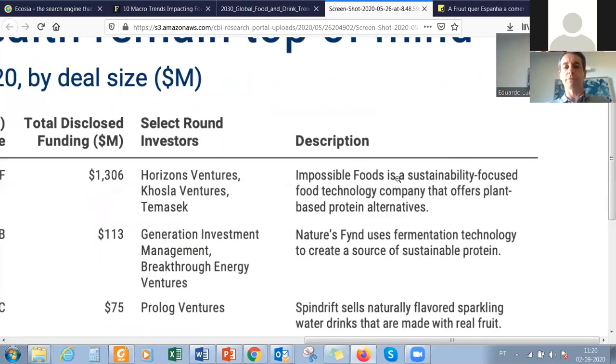Impossible Foods has a sustainability focus. So there's already a trend here. Sustainability has become a trend in new foods, in new food products, for a while. Focus on the offer of plant-based protein alternatives. So one of the best known products of this company is the burger, the Impossible Burger, as they call it. So I believe it's interesting.